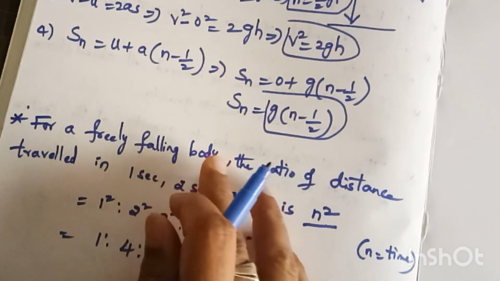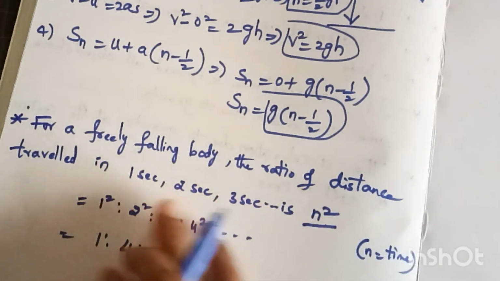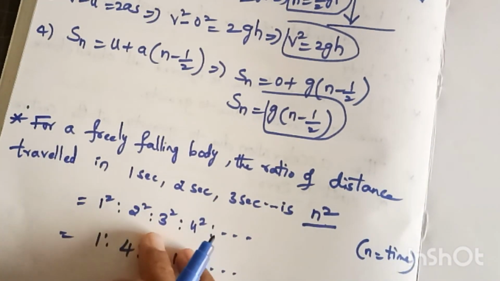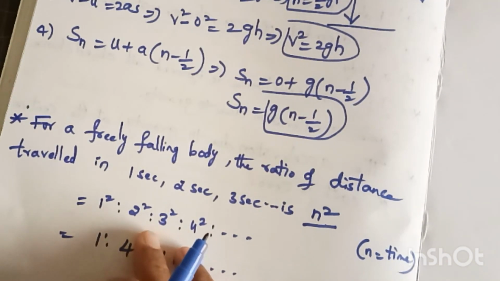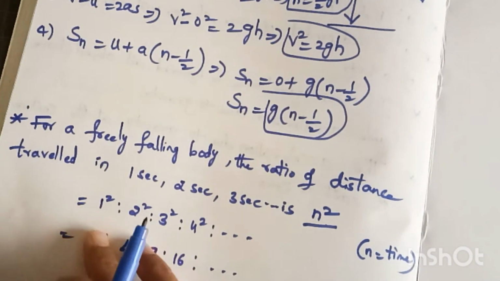Suppose for a freely falling body, the ratio of distance for successive times, meaning alternate times, that is 1 second, 3 seconds, 5 seconds, 7 seconds, 9 seconds, meaning successive alternate times.